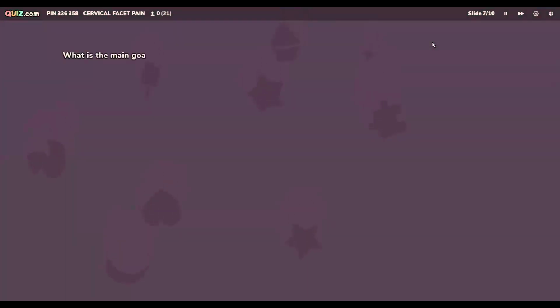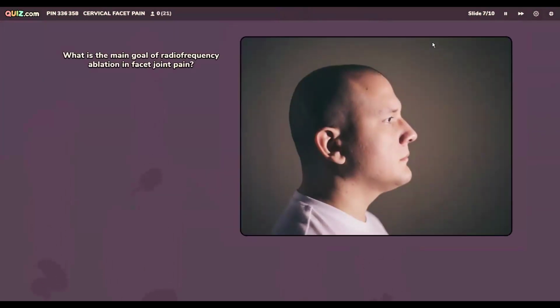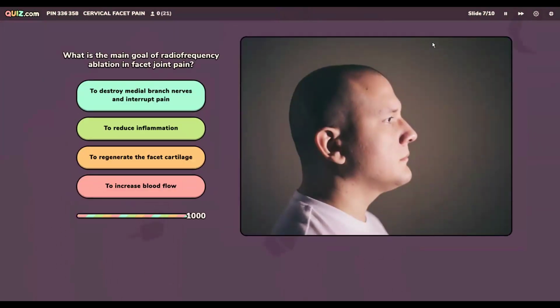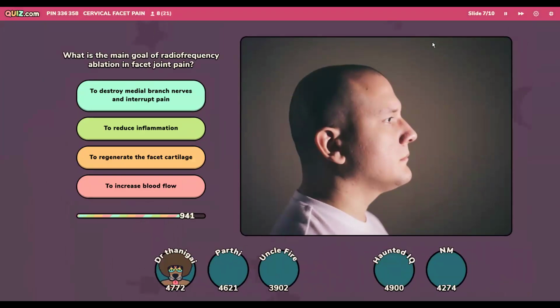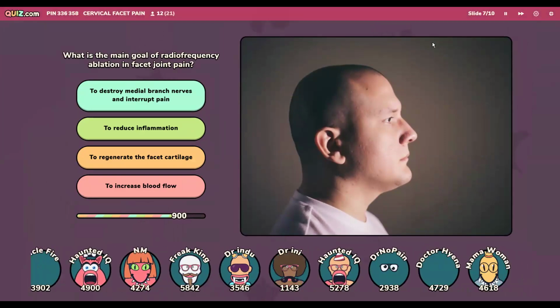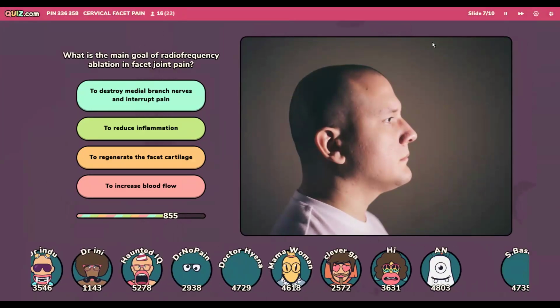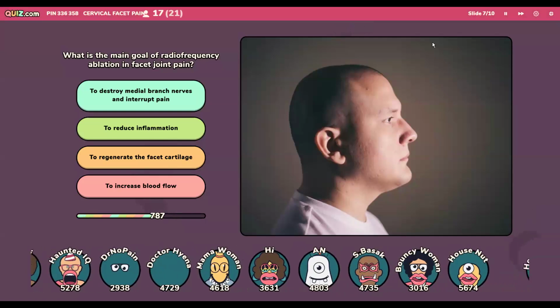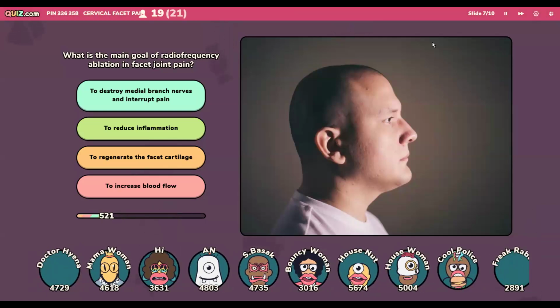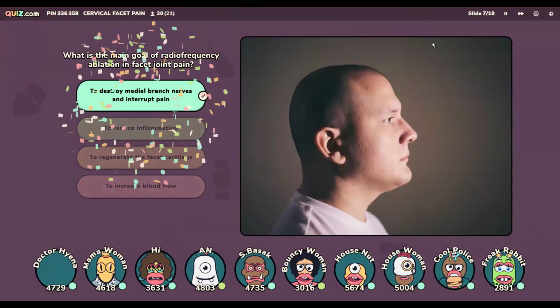What is the main goal of radiofrequency ablation in facet joint pain? To destroy medial branch nerves and interrupt pain.